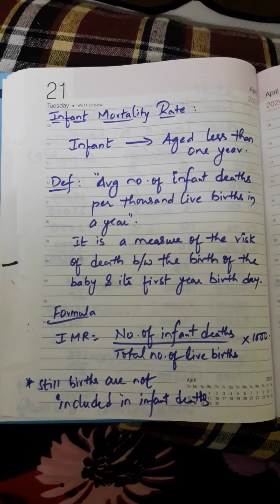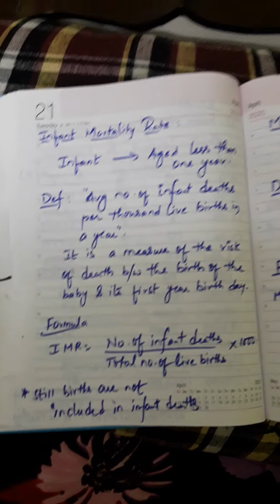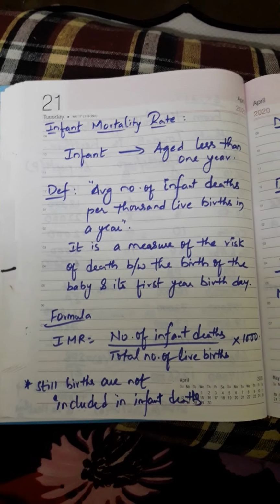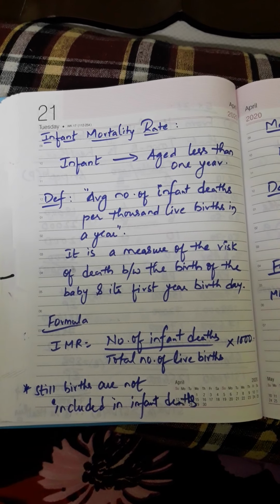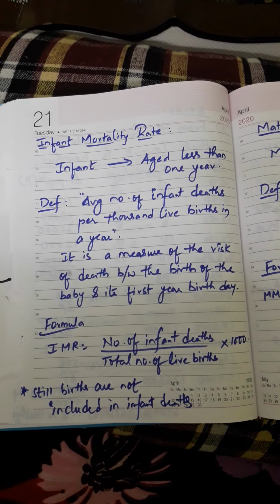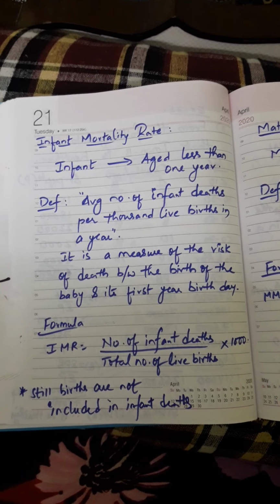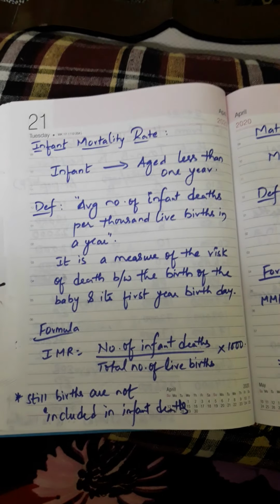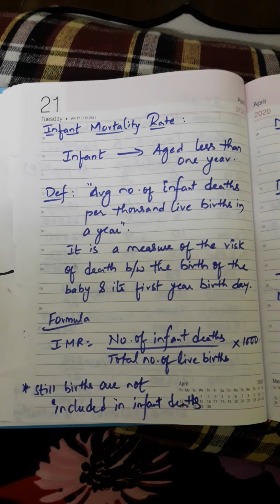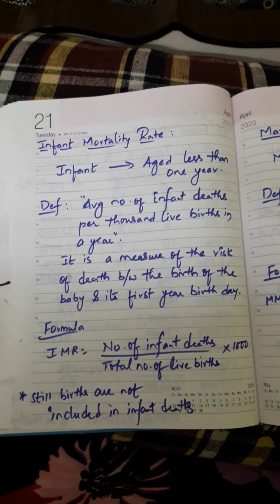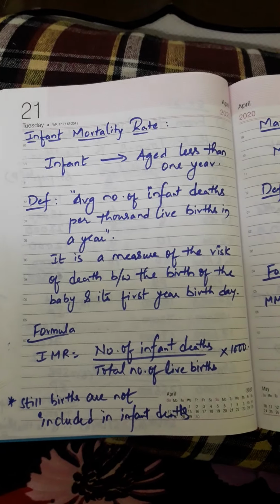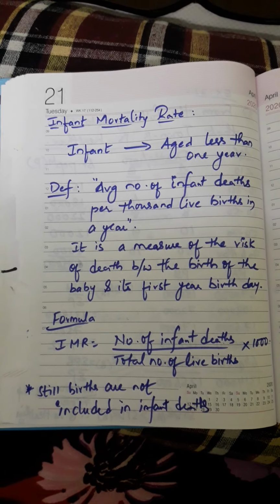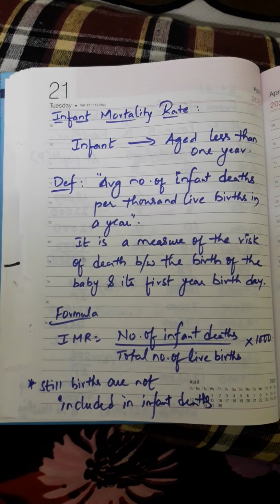This is the formula. All these problems at a stretch we shall see in the next video, because as I mentioned earlier, the next 3 methods in the measures of mortality, methods 4, 5, 6, all have a connectivity among them. That is the reason I would like to explain all 3 methods at a stretch and then give the problems. Clear? So this is the infant mortality rate.